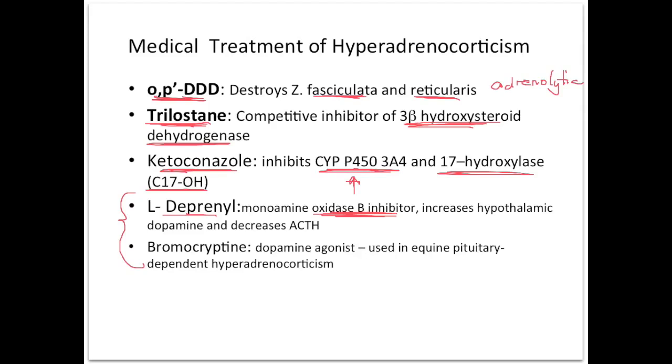It's difficult to know. In the horse, the drug that's been used the most recently is actually a direct dopamine agonist. And the reason it seems to work in the horse is because in the horse they have a very prominent intermediate lobe of the pituitary.